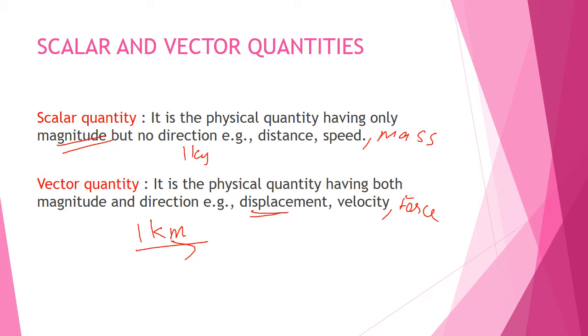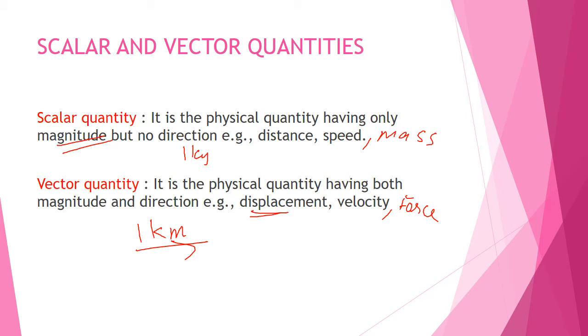Now, what is a vector quantity? If a physical quantity has both magnitude and direction, we will not tell only the magnitude or how much, and we will discuss the direction also. We need both magnitude and direction to describe that physical quantity, then we will call it a vector. Example, displacement. If we are telling distance, we will say it traveled 1 kilometer.